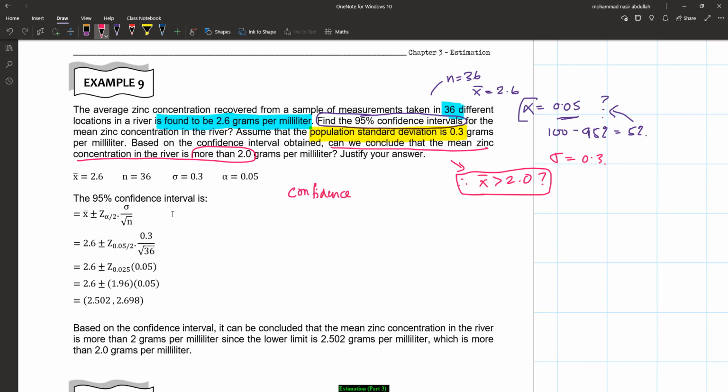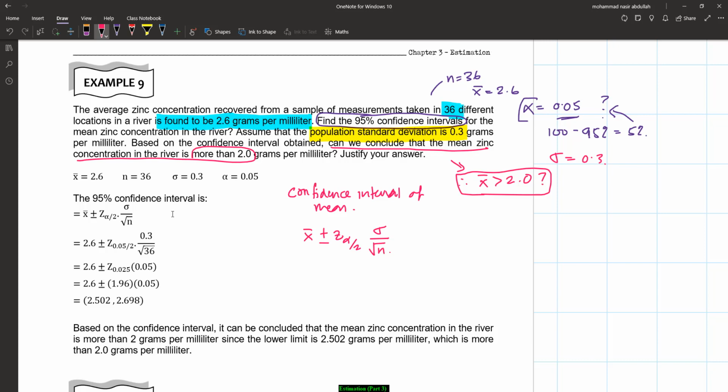Confidence interval of mean: x bar plus minus z alpha divided by 2 times sigma divided by square root of n. Sebab apa sigma divided by square root of n?